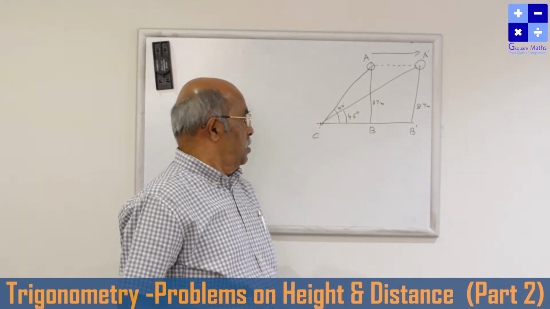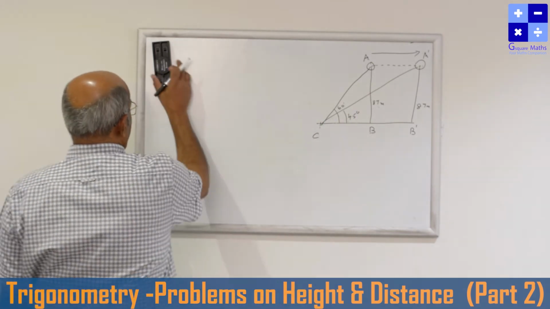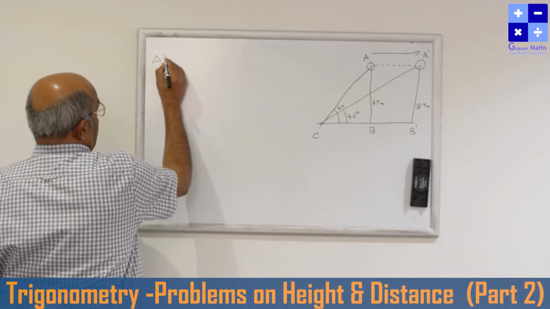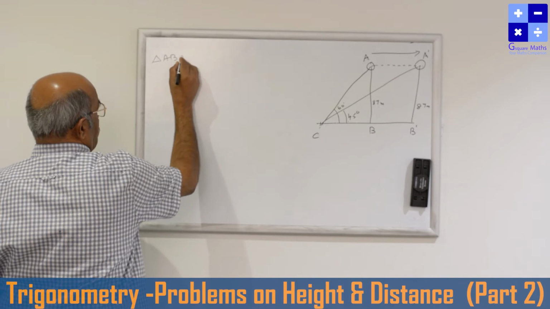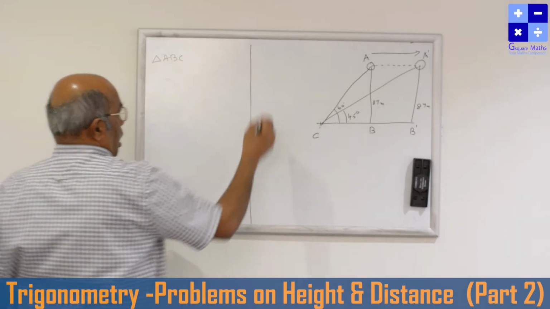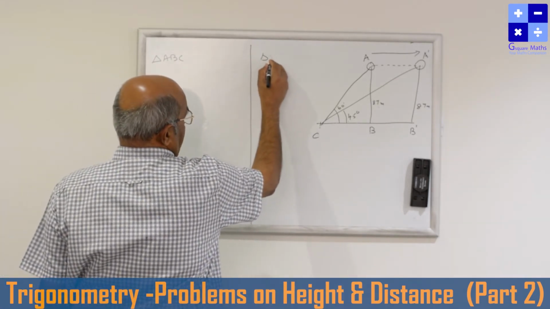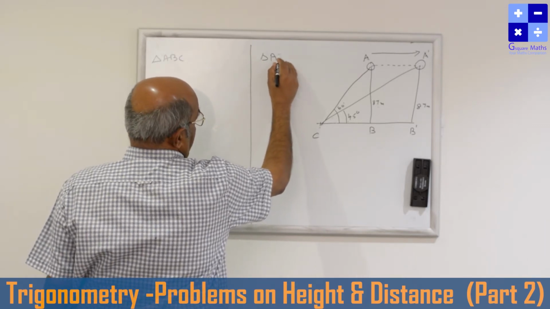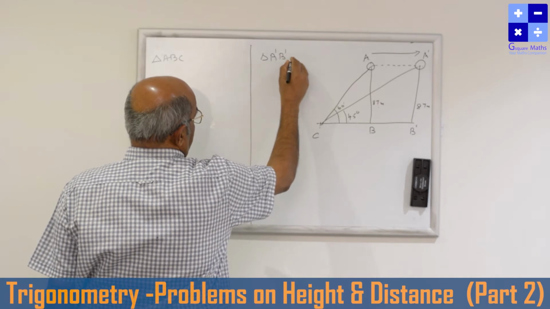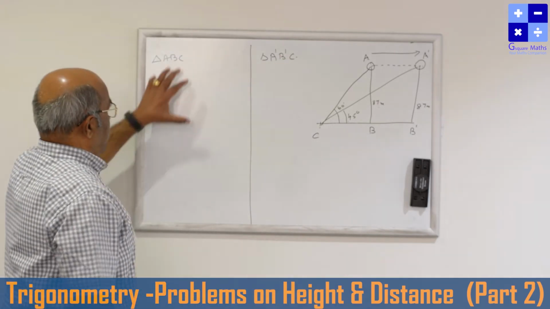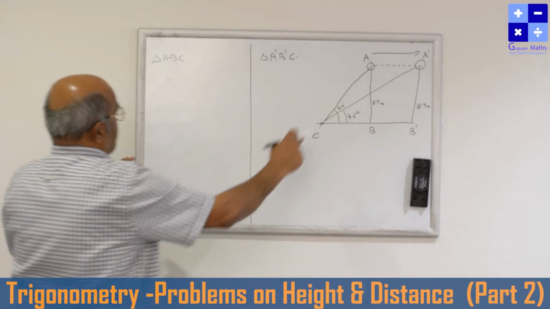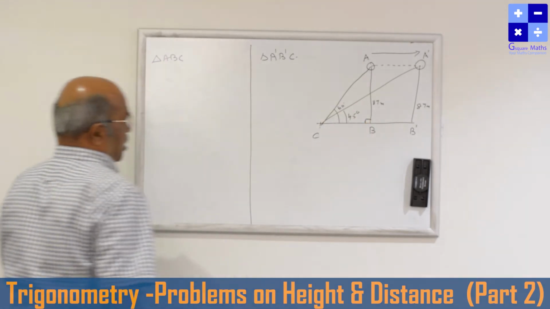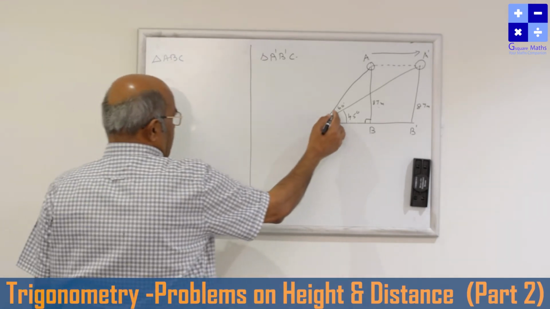Very simple. Take two triangles. Triangle ABC, and another right angle triangle A dash B dash C. Let me take this one first. In the triangle ABC, at B this is 90 degrees. The angle of elevation is 60 degrees.